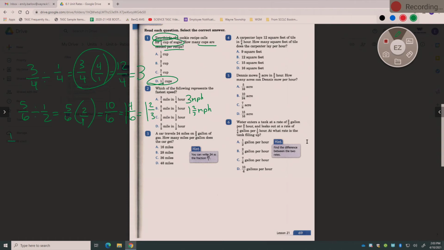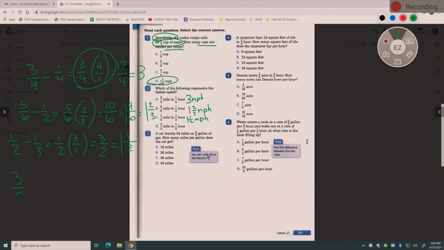Letter C, 1/2 divided by 1/3 is the same as 1/2 times 3 over 1, which is the same as 3 over 2. And if I'm trying to make this into a mixed number, 2 goes into 3 one time with a remainder of 1, and my denominator stays the same. Still looking like A. Let's try one more to make sure.